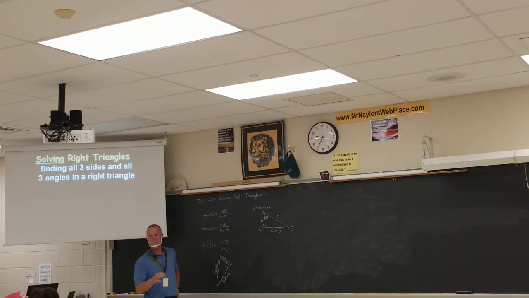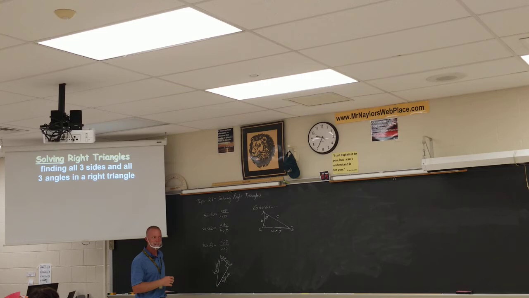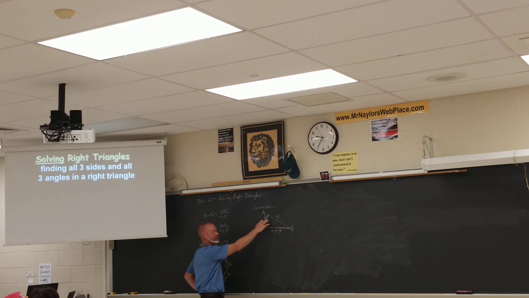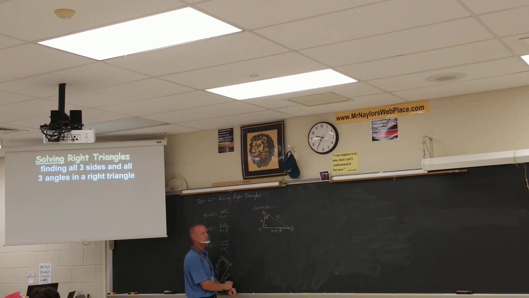Now the thing that's always kind of amazing about these problems, even though I see them often, is you might say to yourself at some point, geez, that's not that much information. And yet, if I give you one angle and one side, you'll be able to find everything else. That's the cool thing about this trigonometry. And that's what we want to do. We want to find the rest of these dimensions.